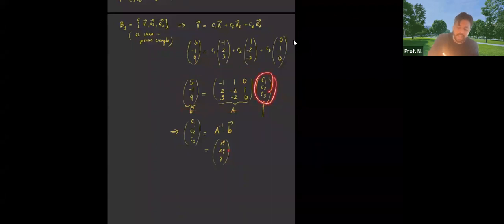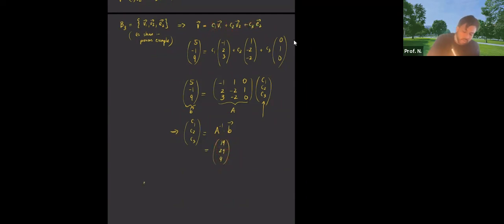But now this has an added significance. These are the coordinates C1, C2, C3. These are the scalars for these vectors, which now constitute the coordinates of my vector relative to this new ordered basis, which would be 19, 24, 9.